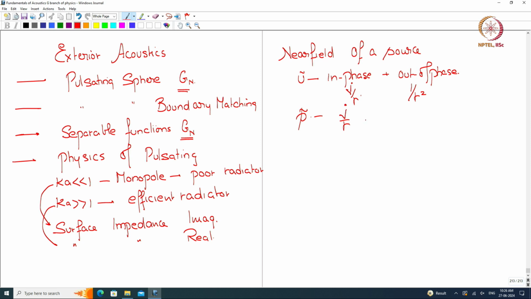So that in the far field, the particle velocity is in phase with pressure.